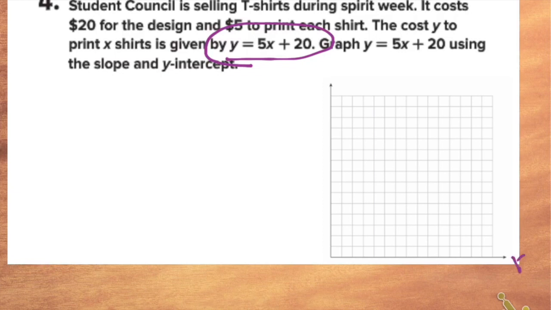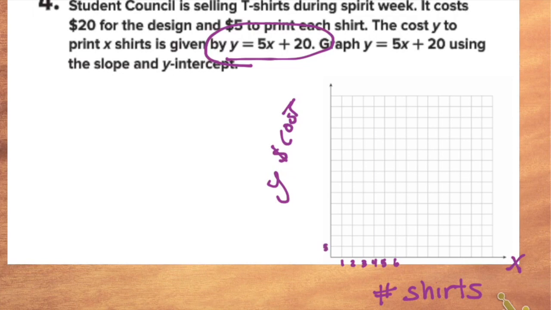They're telling us what x and y are. x is the number of t-shirts, and y is the cost. And that cost is $5, so I'm just going to count by 5s here.